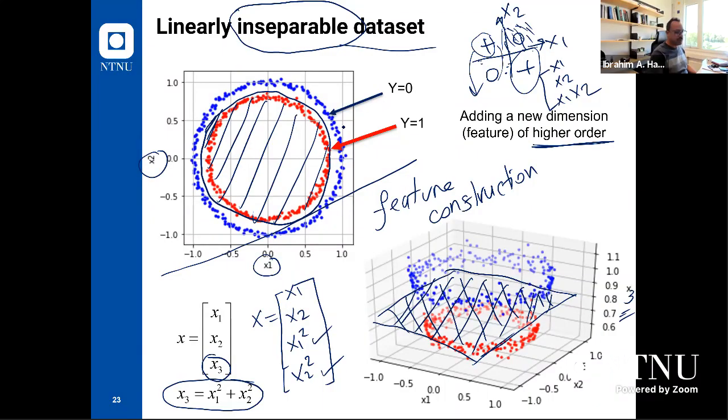So this new feature, we can just say that it's a super feature. This super feature will help us to classify this complex problem. It will help us to generate a complex decision boundary, which will solve the problem.